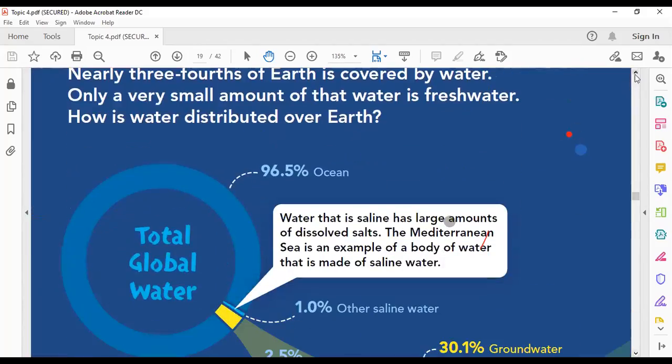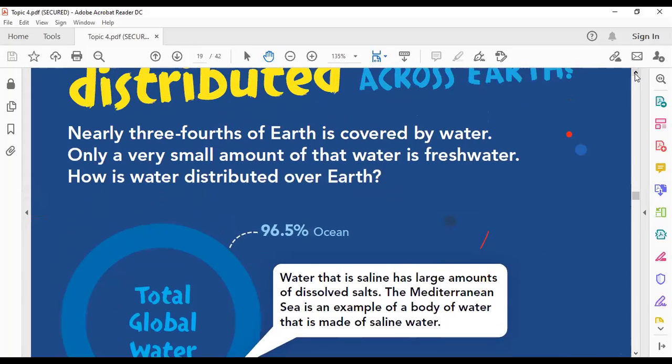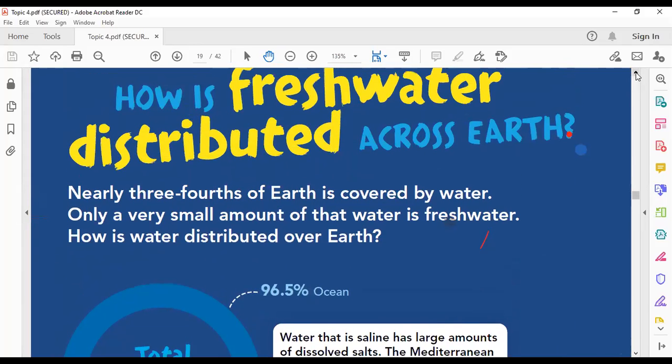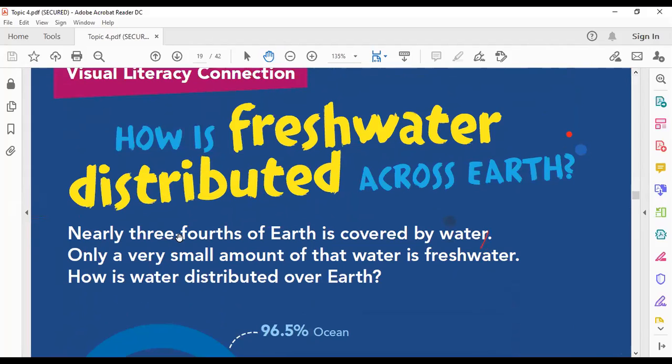Okay, you have to know that nearly three-fourths of Earth is covered by water.